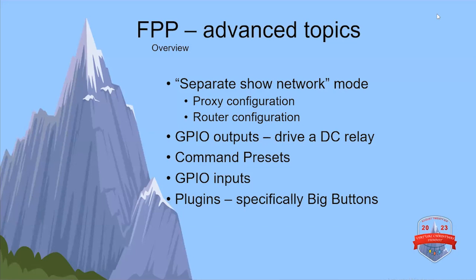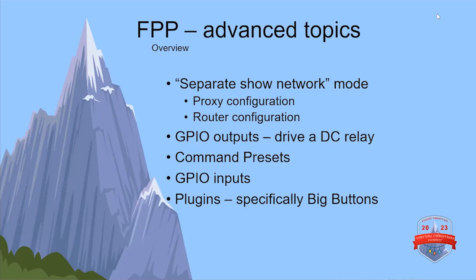And in 5, with the UI and all the improvements that came in FPP 5, that events transitioned into what we know as command presets. And even in the current version of FPP, which is 7 as of this recording, there are some other advancements around command presets and how to trigger those from xLights. We'll talk a little bit about that.